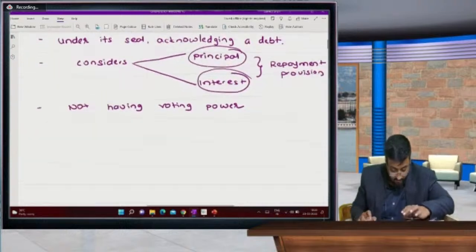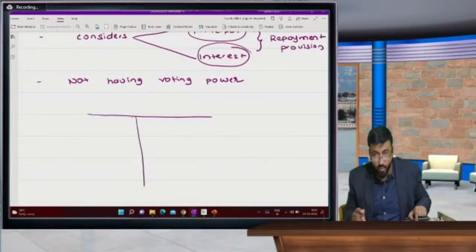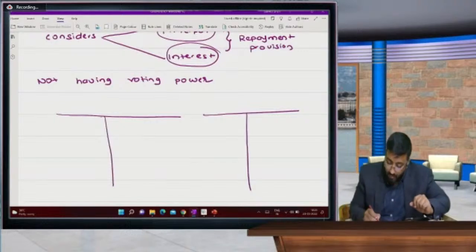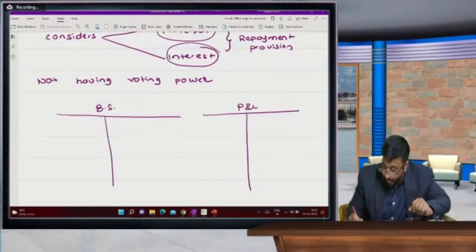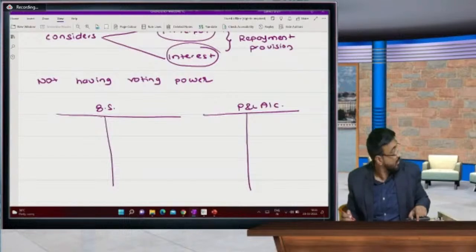Now friends, only tell me, suppose I prepare the balance sheet and profit and loss account, what is going to reflect in the balance sheet and what in the P&L?